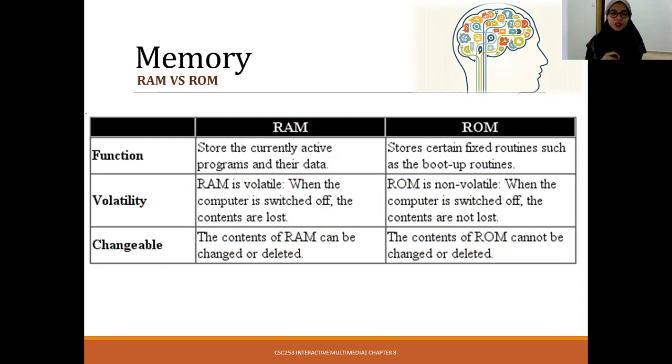Okay. And then volatility. So RAM is volatile, where what it means by volatile is when the computer is switched off, the contents are lost. But ROM is non-volatile. So when the computer is switched off, the contents are not lost.